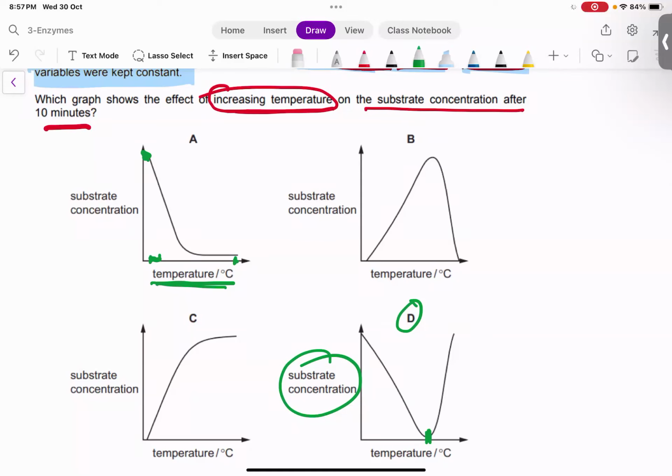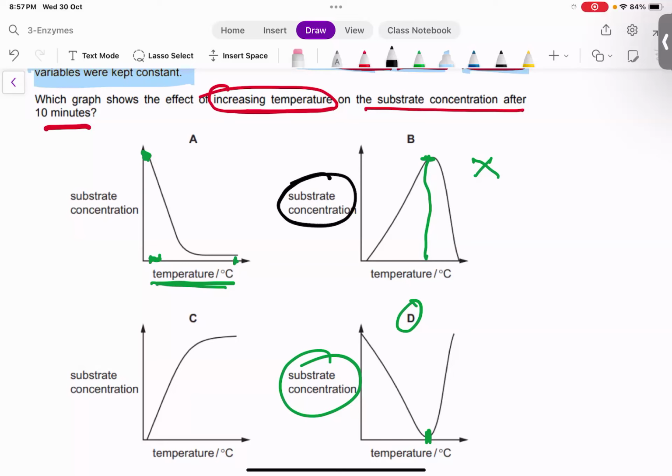Why? Because the enzymes are denatured at high temperature, and so the substrate will be slowly converted into product or will not be converted at all. And this is where the temperature is an optimum temperature, and this is where the rate will be the maximum, but not the substrate concentration. Okay.